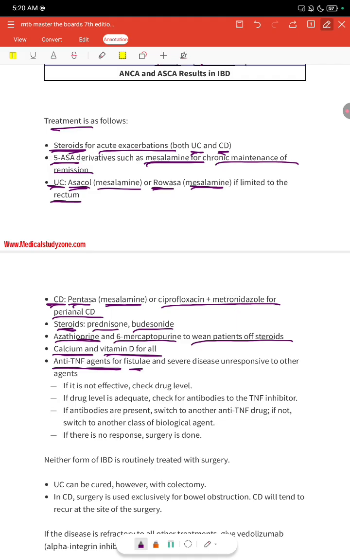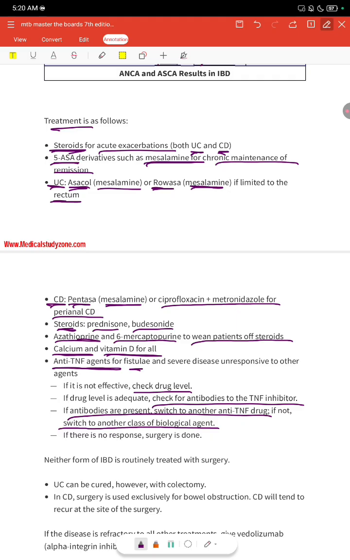If it is not effective, check drug level. If drug level is adequate, check for antibodies to the TNF inhibitor. If antibodies are present, switch to another anti-TNF drug. If not, switch to another class of biological agent.